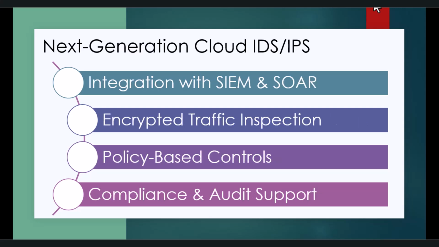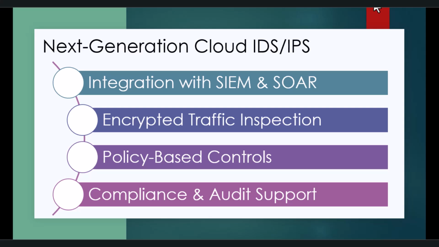Other features of next-gen cloud IPS is integration with SIEM and SOAR systems, feeding data to, let's say, Splunk, powered by Cisco, and it works with SOAR systems for coordinated defense. Encrypted traffic inspection. These systems are capable of inspecting SSL/TLS traffic without compromising performance, and they use cloud-native decryption methods to maintain visibility.